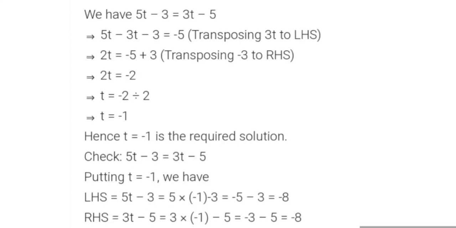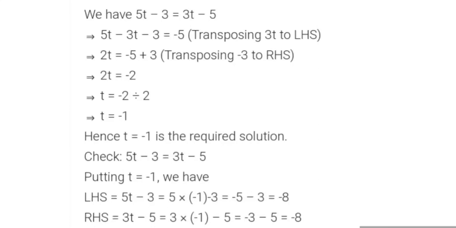Okay, so let's see. 5t minus 3t is equal to minus 5, and as you can see here left hand side 3 is negative, so when it will go to right hand side, it will become positive, means what will come? 5t minus 3t is equal to minus 5 plus 3.